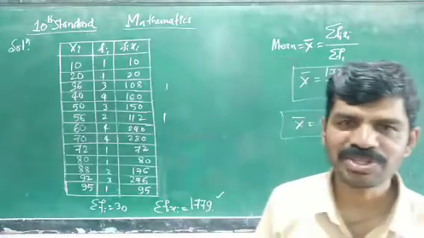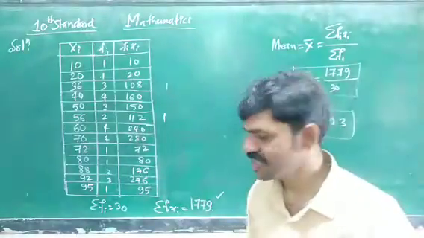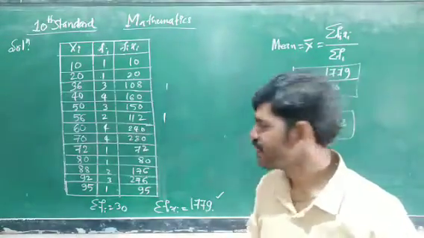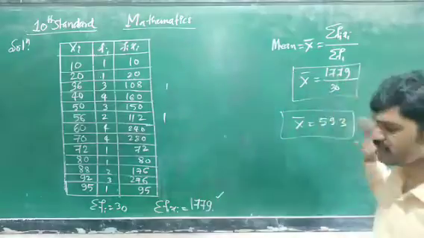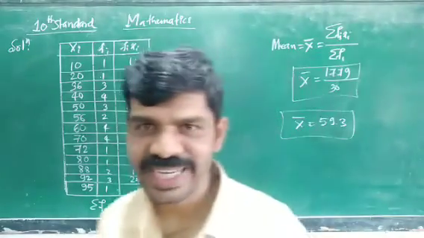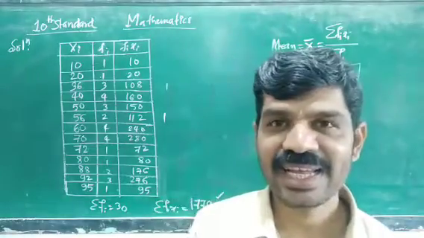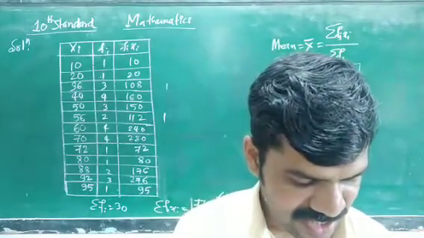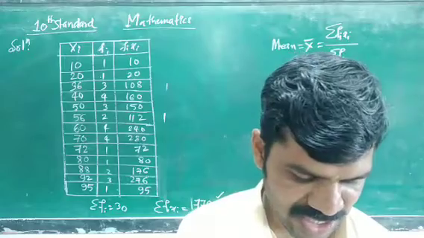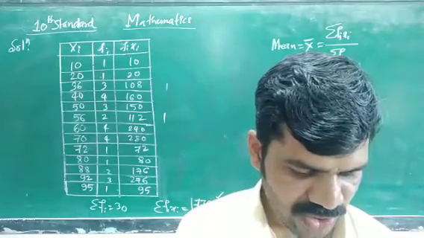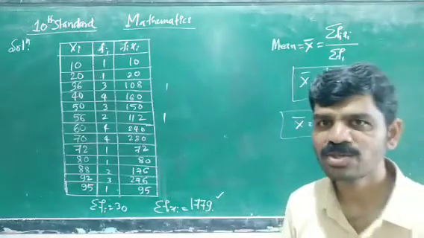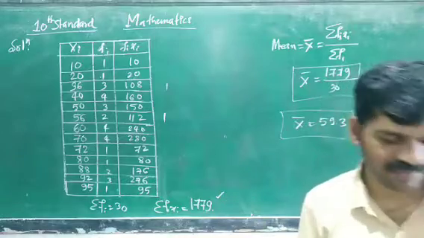So please don't miss the counting. You count it very neatly, and your division also should be very neat. If you do this very neatly, then you will get a very good answer. So that's all. Please take it down.